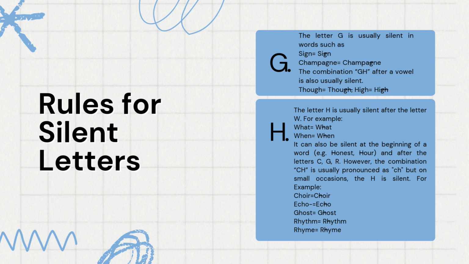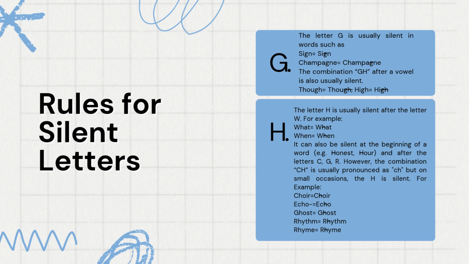The combination GH after a vowel is also usually silent, though, high. Next, the letter H is usually silent after the letter W. For example, what, when. It can also be silent at the beginning of a word.